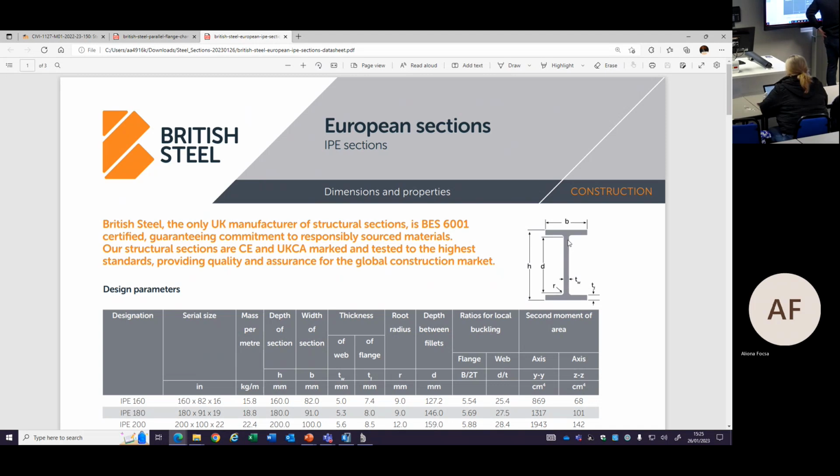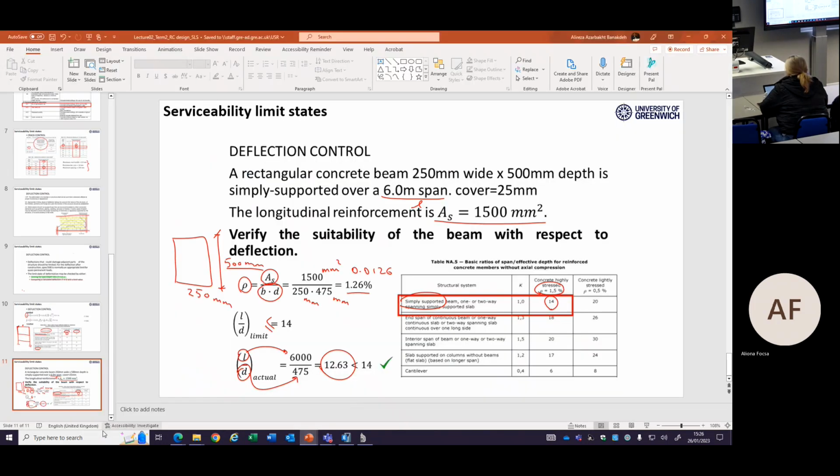When the web goes to the flange, it's a quarter of a circle. I cannot write now, but you see R, the radius of this small circle. Maybe I can write here.